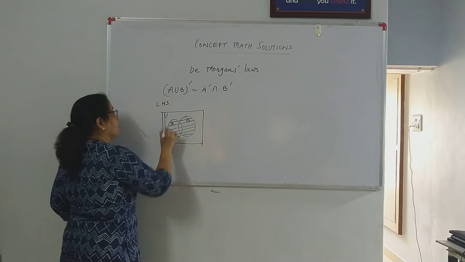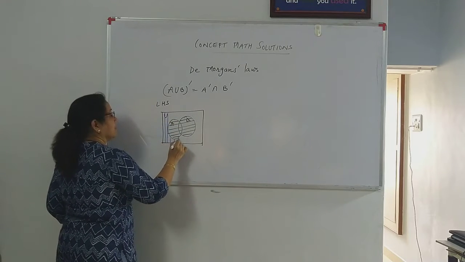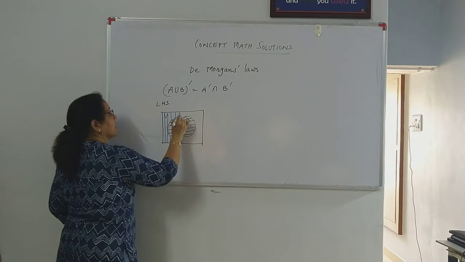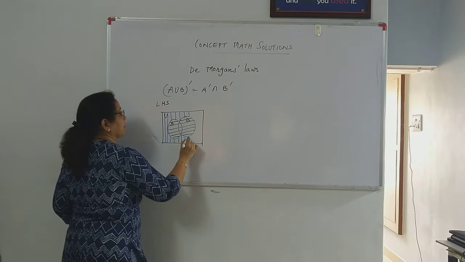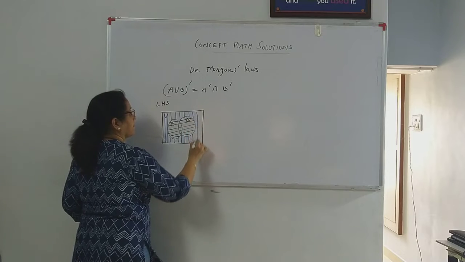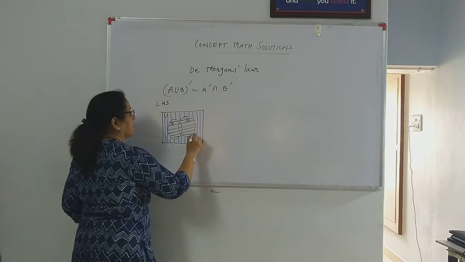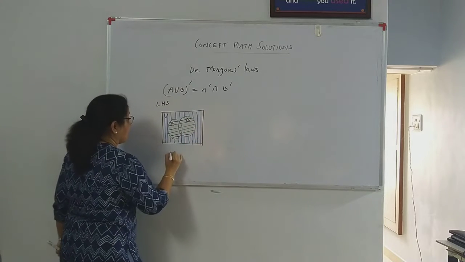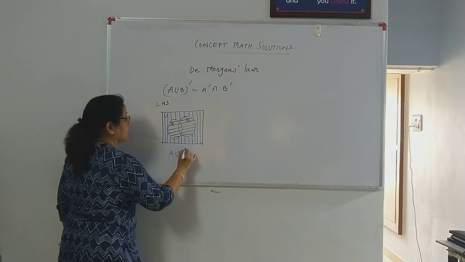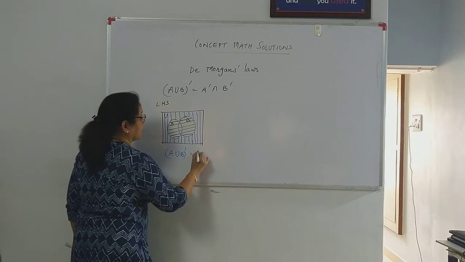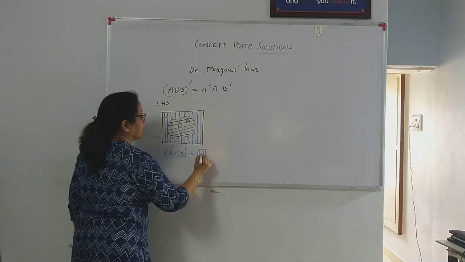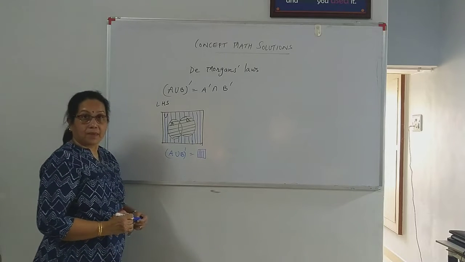So I have this as the final result as A union B complement. And for A union B complement, I am going to make a key. It is vertical blue lines, right?